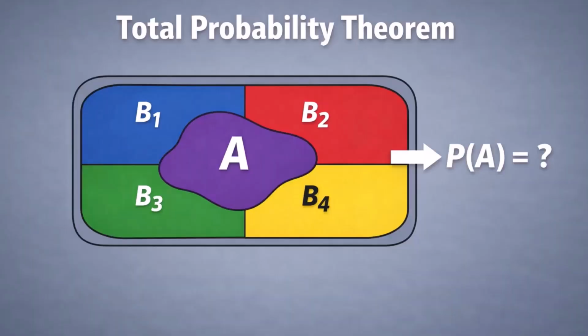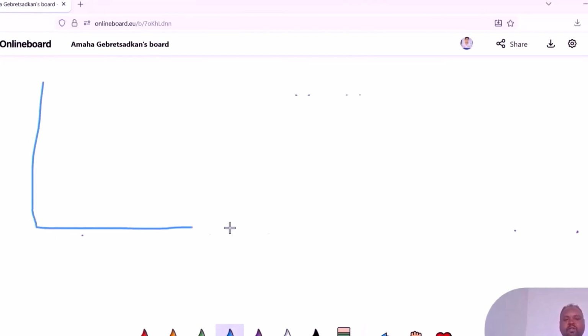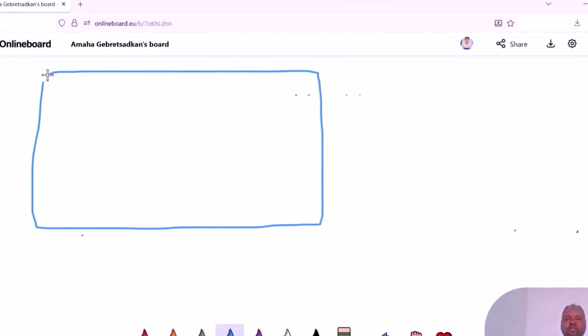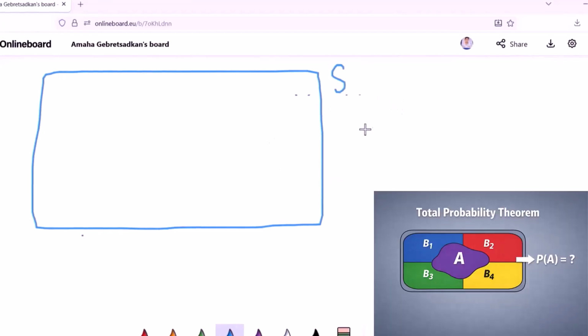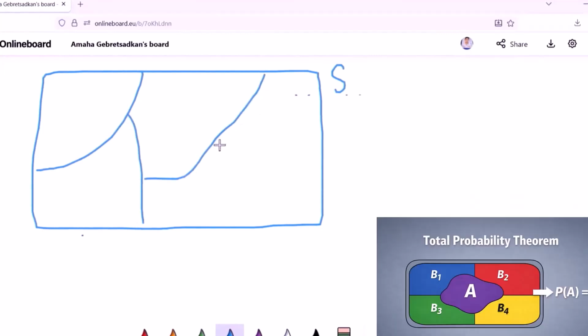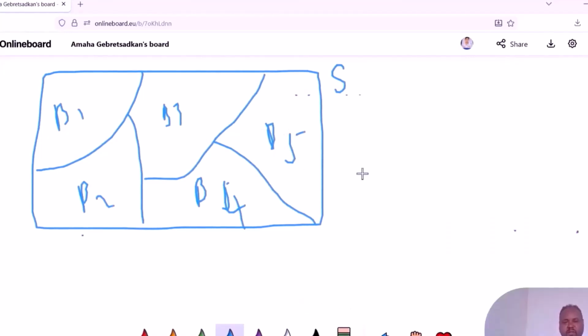Let us turn back to the partition issue here. Now, suppose we have a sample space which is given by this rectangular form, where this sample space is partitioned into five partitions, right?